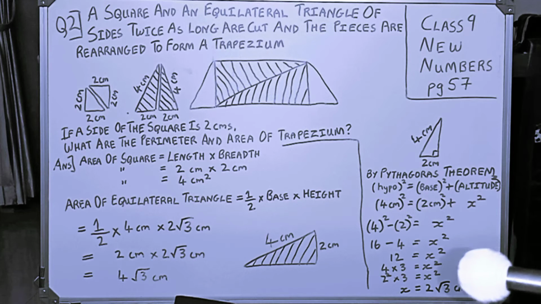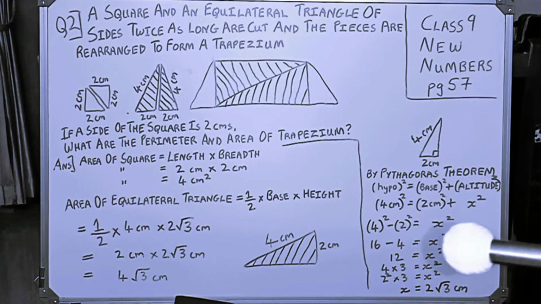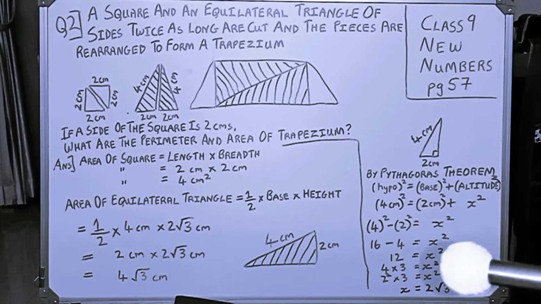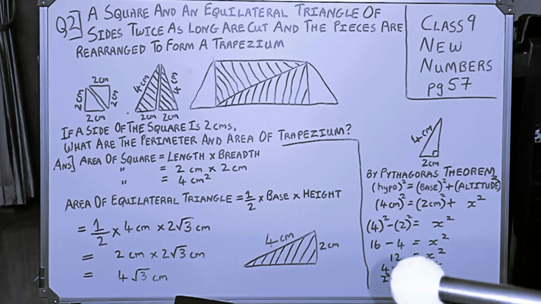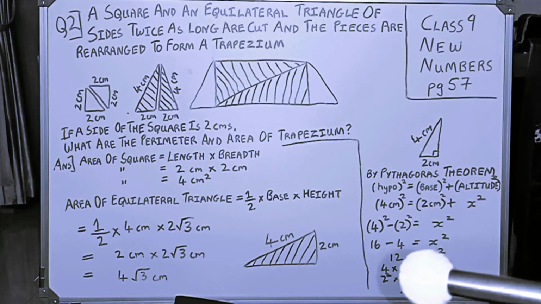So removing the square, taking the square root, once we remove the squares, x will become the same, and this will be square root of 2 the whole square and square root of 3.